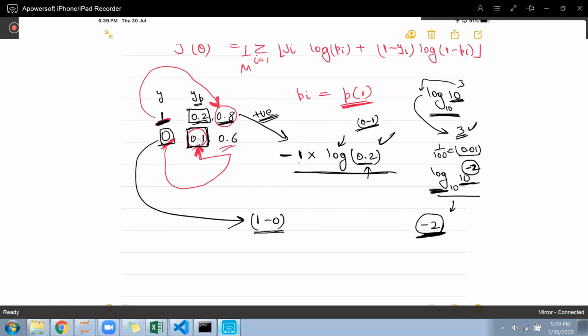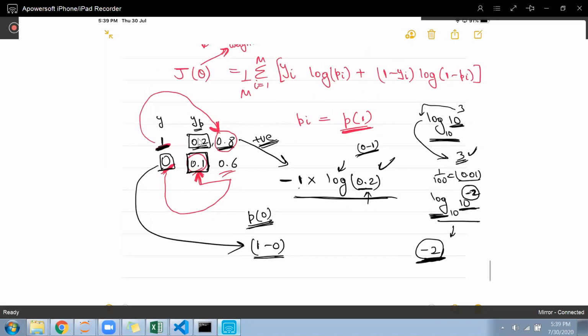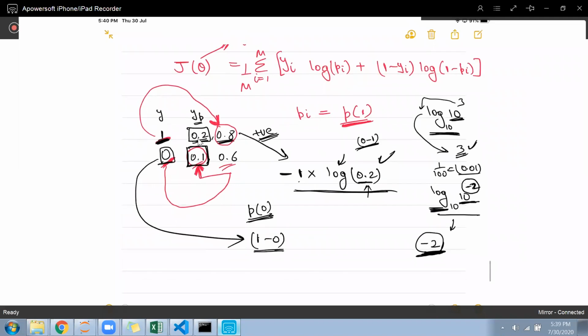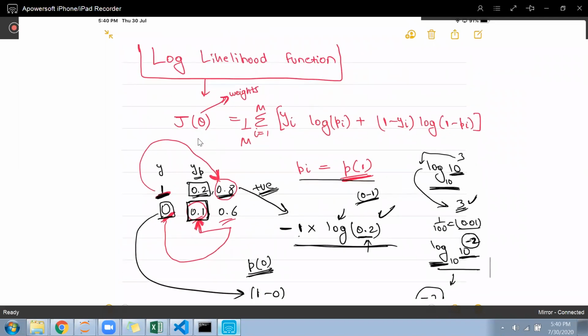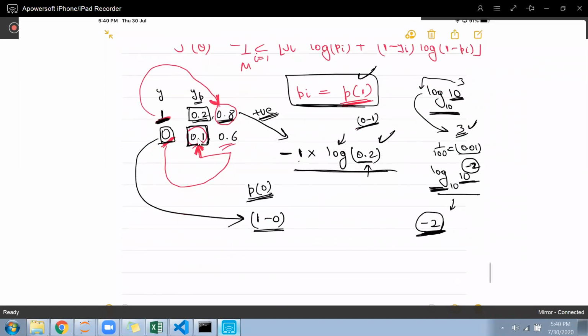Because here what I want is the probability of 0 to be maximum, not the probability of 1. What I am calculating as the predicted value is actually the probability of 1, but in this case I want the probability of 0 to be maximum.